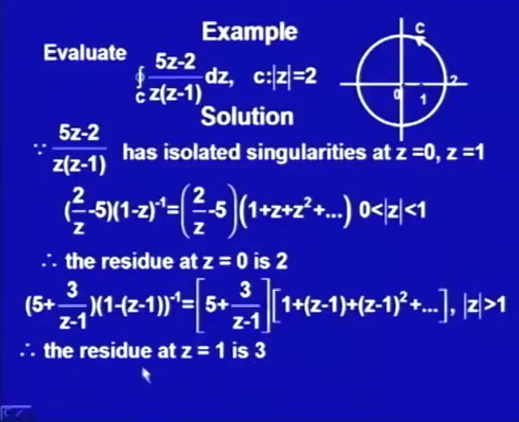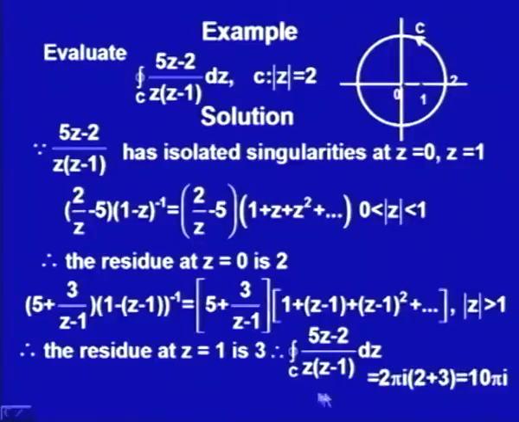Now, if I use the residue theorem, it says that the integral of this function along this contour C, which has 2 isolated singularities, should be 2 pi i times the residues of f(z) at z equal to 0 and at z equal to 1, that is, we are getting 10 pi i.